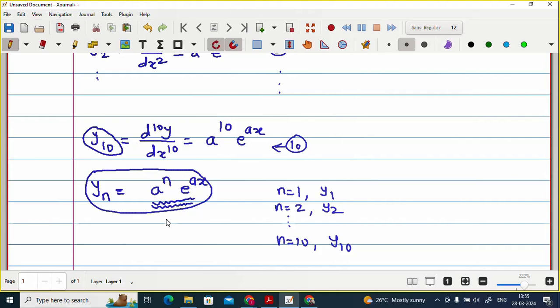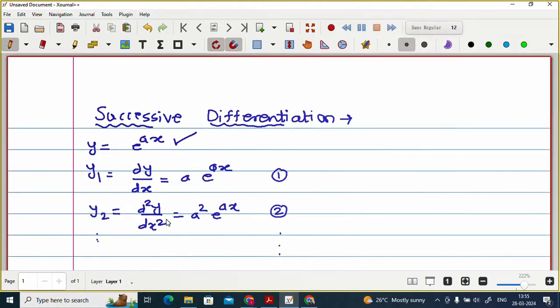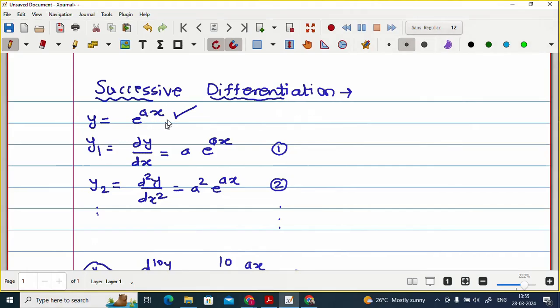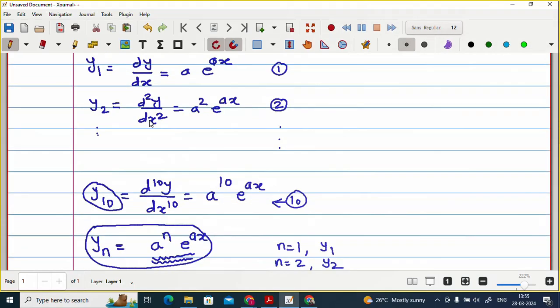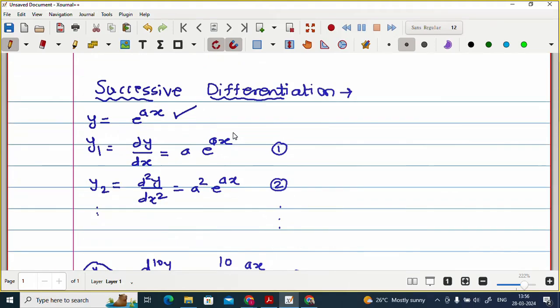Okay, so one of the formulae we have now seen is for y equal to e raised to ax: its nth derivative is given by a raised to n into e raised to ax. This is applicable when y is e raised to ax.